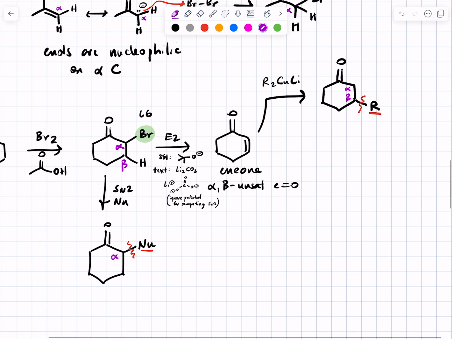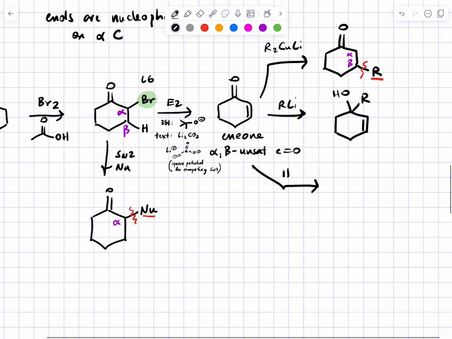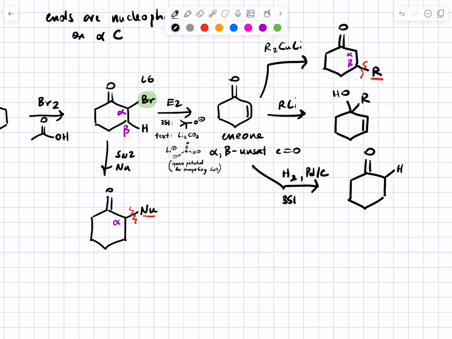Let's see, I heard somebody else say, what if I used a Grignard or organolithium? Okay, that's going to do 1,2 addition, so you'd get that product. Somebody was saying, what if I did, and this is a 351 reaction, hydrogen and palladium on carbon? It turns out that carbon-oxygen pi bonds are more stable than carbon-carbon pi bonds, so you can actually hydrogenate the double bond in the presence of the ketone and reduce the double bond.